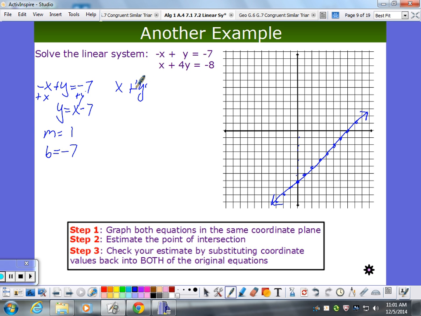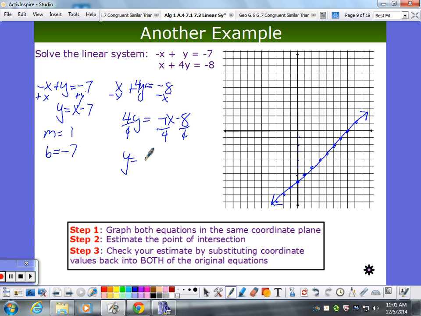x plus 4y equals -8. Subtract this x. 4y equals -x minus 8. Right? Stop me if I'm making a mistake here. I don't get y by itself. Divide everything by 4. Everything. So this becomes y. I'm going to put my little 1 back in.